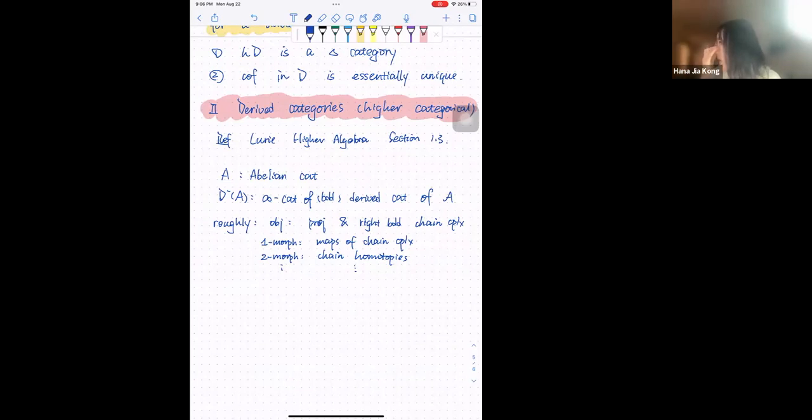I find the best way to do it is that if you always write your arrows to the right, then in the cohomological convention it's increasing, and in the homological setting, it's decreasing.